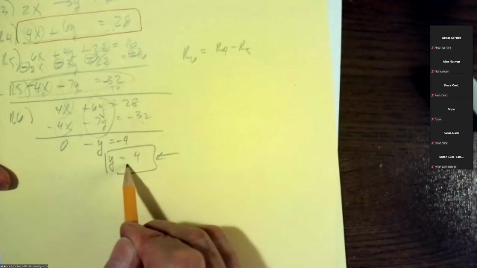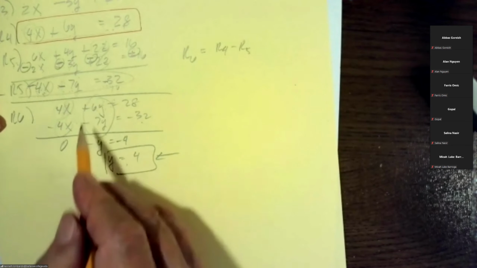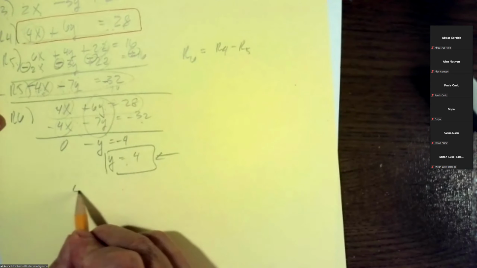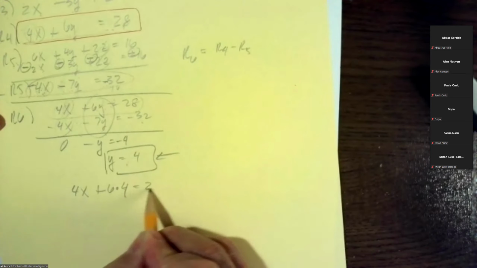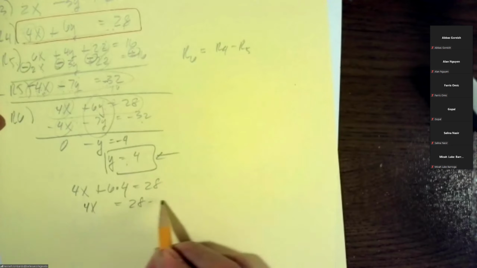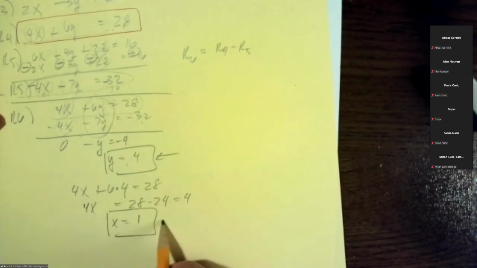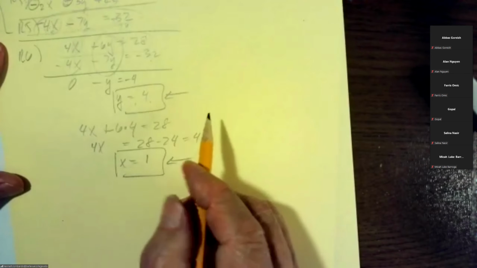Now I've got y equals 4, and I can substitute back in. If I take this equation and substitute y equals 4, I get 4x plus 6 times 4 equals 28. 4x equals 28 minus 24, which is 4, and x equals just 1. So I've got y is 4, x is 1.